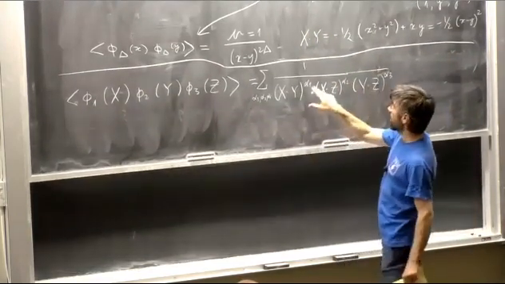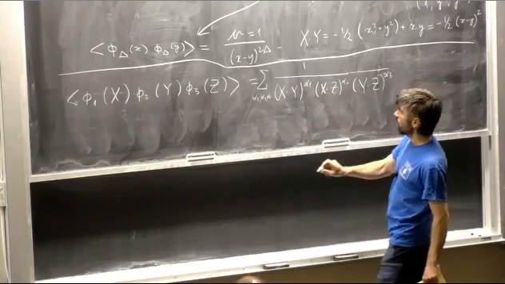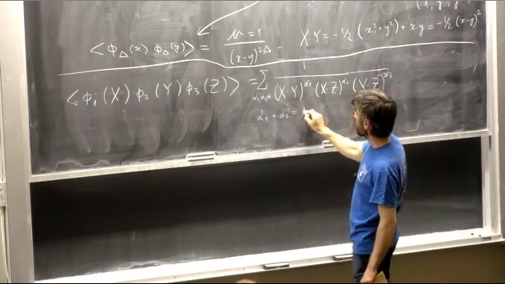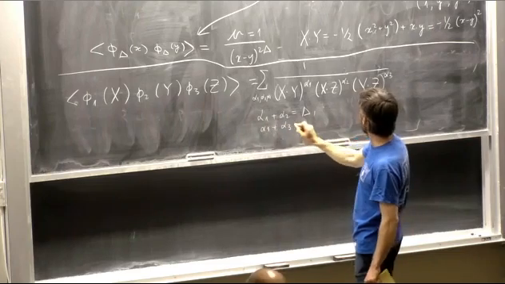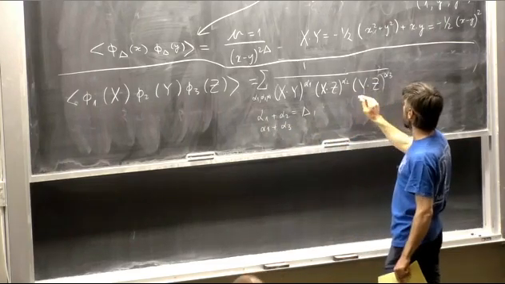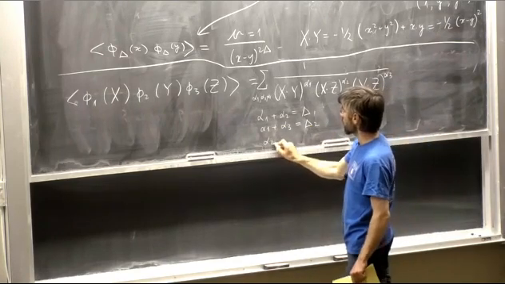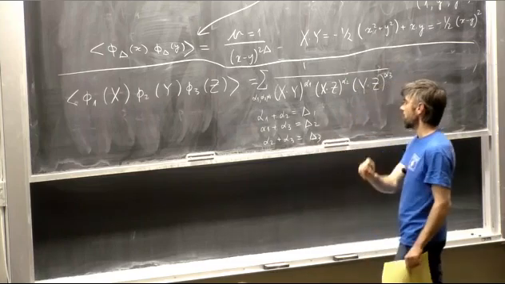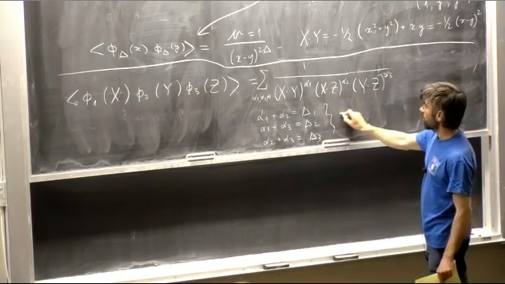So you see rescaling under x will come from alpha 1 and alpha 2. So you have to impose that alpha 1 plus alpha 2 is equal to delta 1, and alpha 1 plus alpha 3 has to be equal to delta 2, and alpha 2 plus alpha 3 is equal to delta 3, sorry.